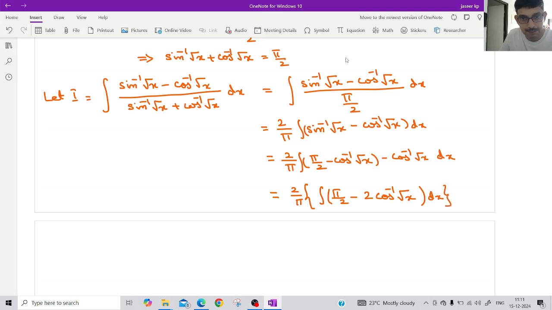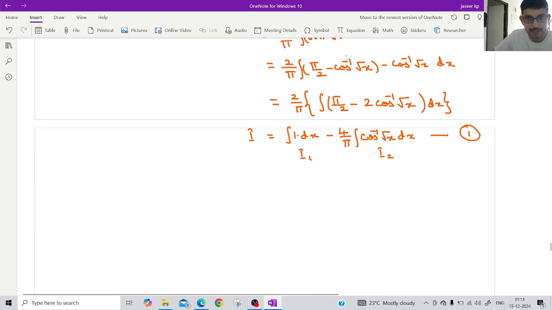So now if you separate it, it will become 2 by pi into pi by 2, that is 1 dx, minus 2 by pi into 2, it is 4 by pi into cos inverse root x dx. So this is our I, so let us take this as I1 and cos inverse root x as I2. So this we will take as equation 1.